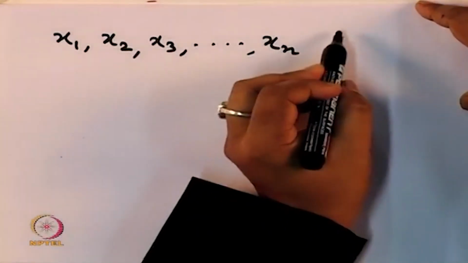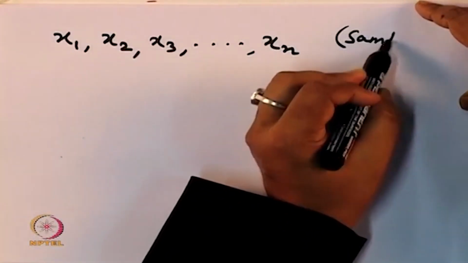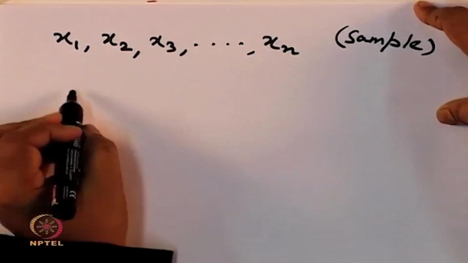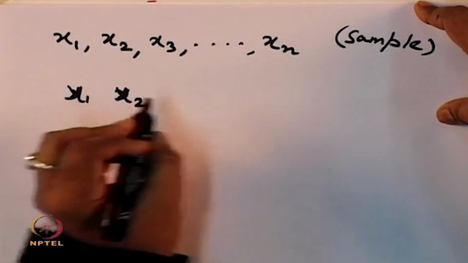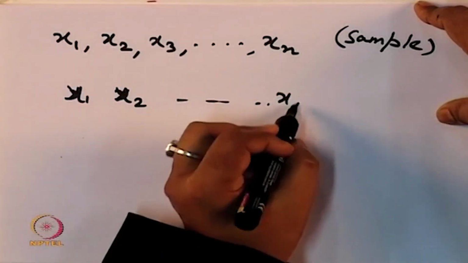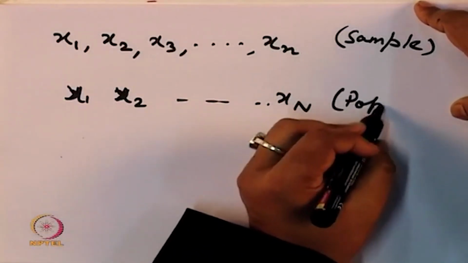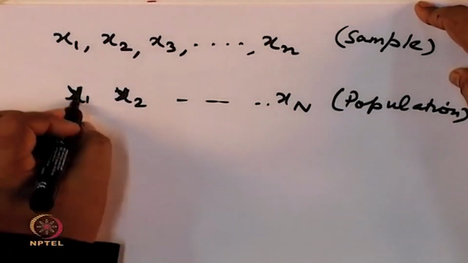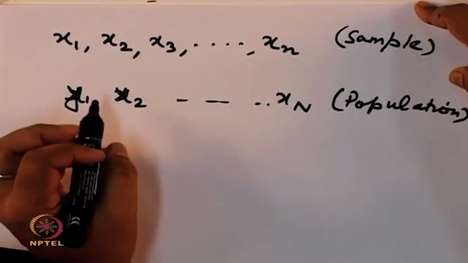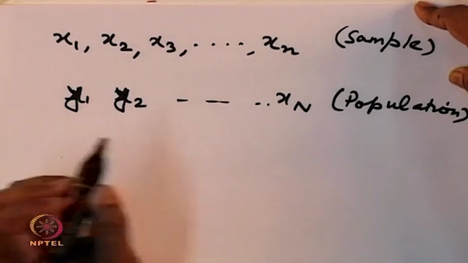So, this is my sample. I have drawn a sample of n from a population x1, x2, up to x capital N, this is my population. Just to stop any confusion, let me write them as y1, y2 and yN.